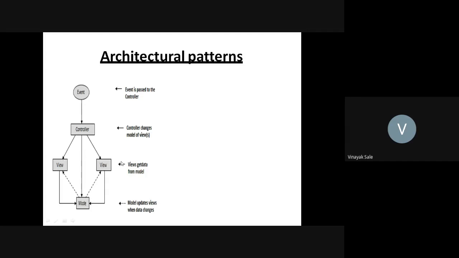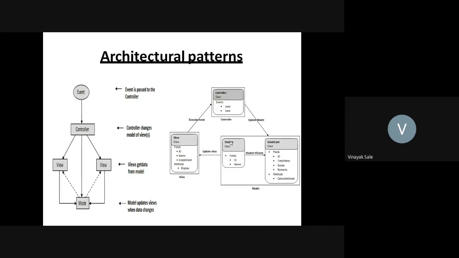Then the views get data from the model. These views change as per requirement. So the model updates views when data changes. This is the flowchart diagram of the architectural pattern from the previous diagram.